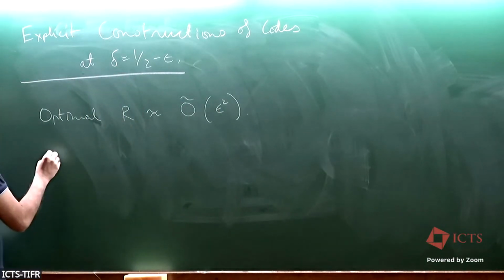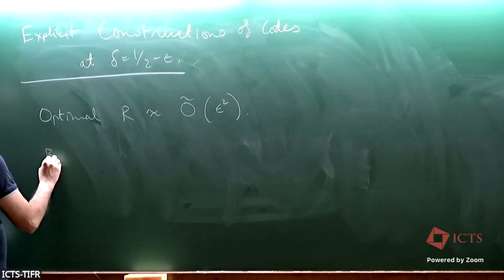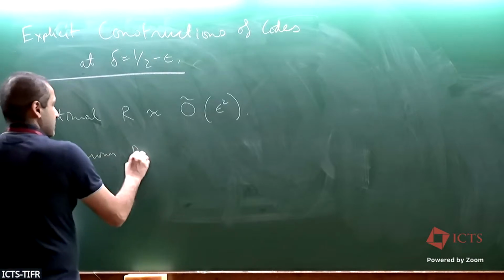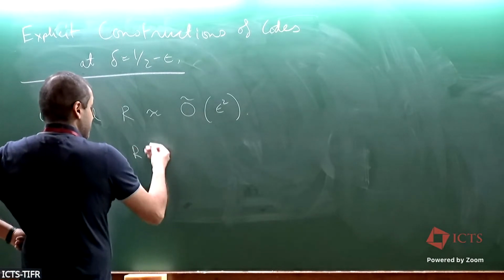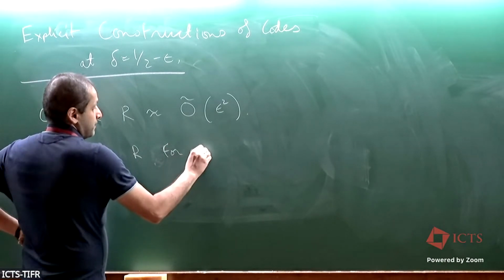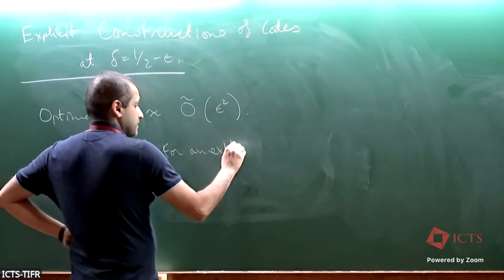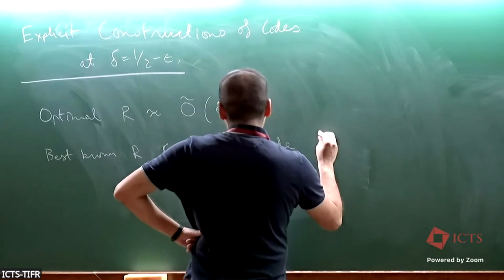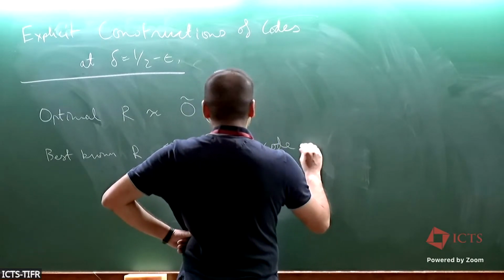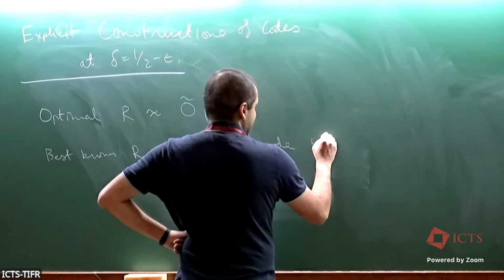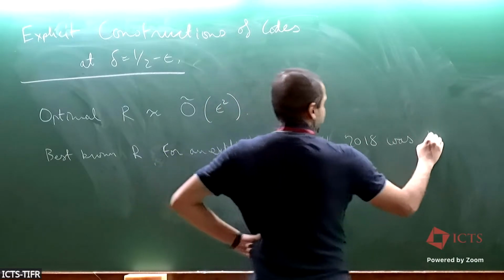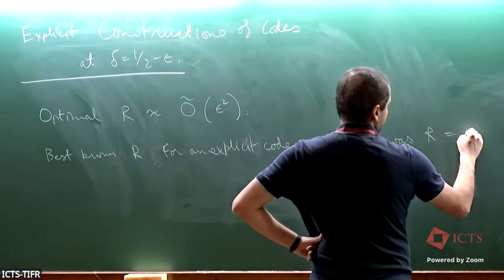And for a very long time, the best known for an explicit code, till 2018, was R being O of epsilon cube.